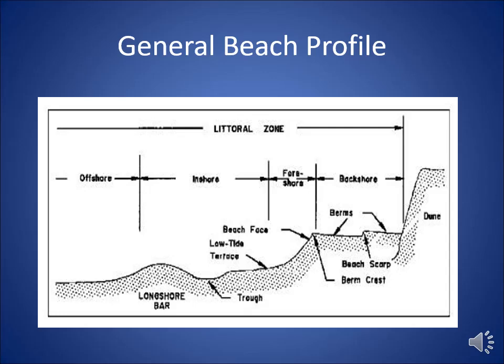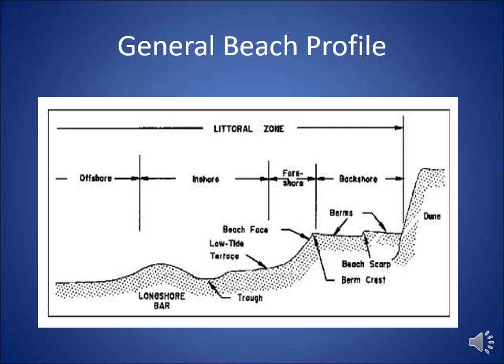There's two berms on this diagram, and on many beaches you will see two berms. It depends a lot on the climate. The berm that is closer to the ocean is often called the summer berm. And this berm crest represents the highest extent of tides and waves during the summertime.